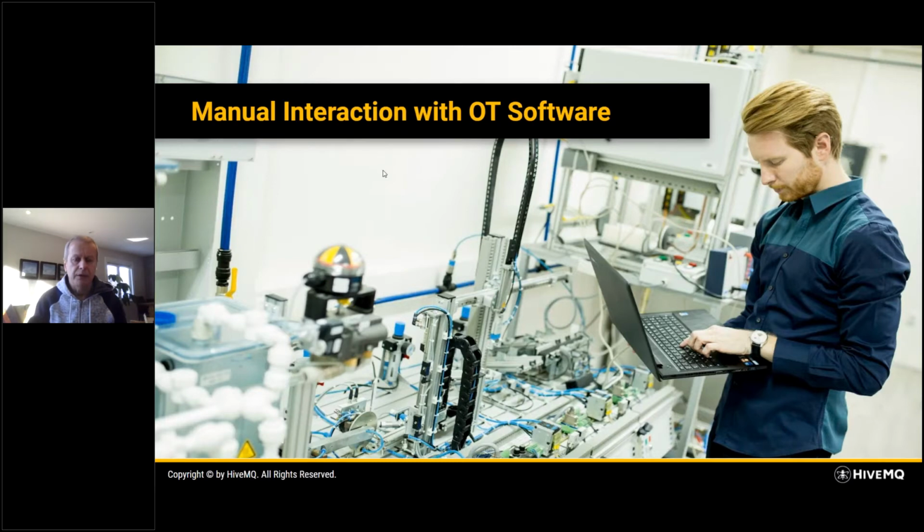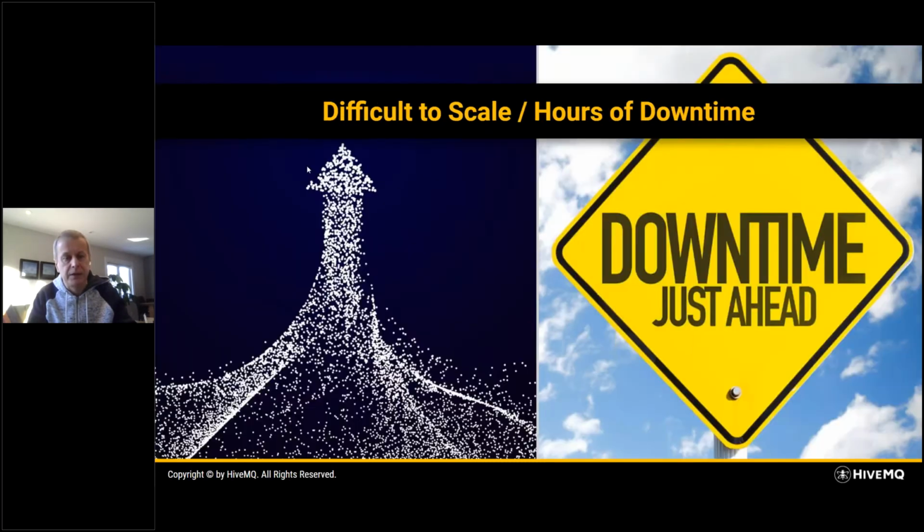We talked a bit about the connectivity of some of the hardware. But today, there are lots of manual interactions with OT software. And for obvious reasons, this will slow down any downtime, any upgrades of software. So this can become a big issue.